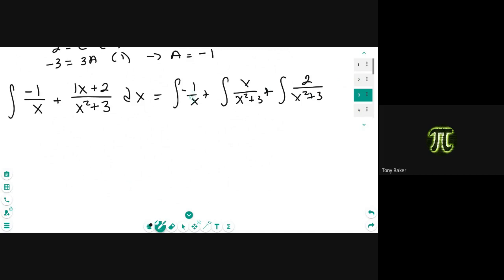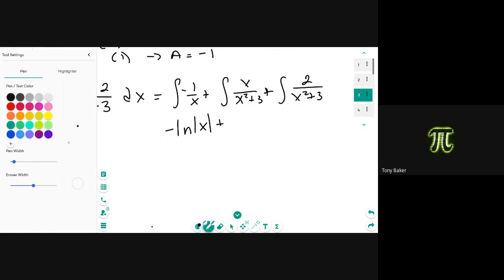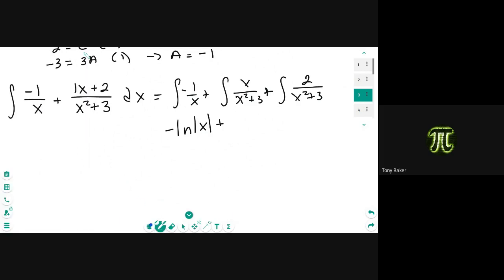All right, so this first one is just negative ln of x. For the second one, we have to do substitution.